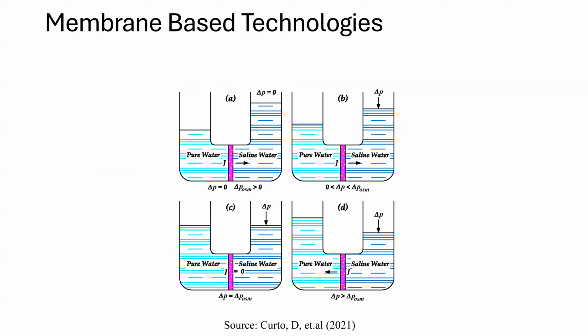And this is the reverse osmosis, and it shows a depiction of the process. On the top left side, you see A, the forward osmosis, and on B, you see the pressure retarded osmosis, and on C, you see the zero flow, and D is the reverse osmosis. These are considered membrane-based desalination, and they are the preferred processes for producing fresh water.